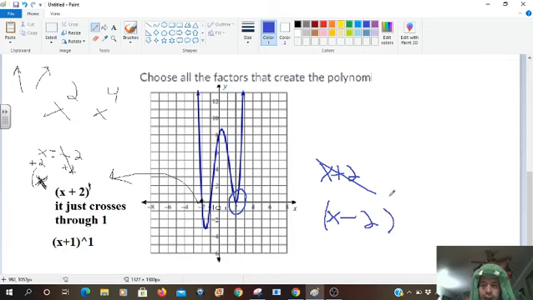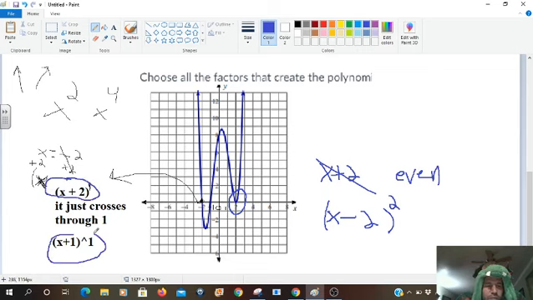Again, it's going to be bouncing, and even means bounce. Bouncy, bouncy, bouncy, fun, fun, fun. So bounces for even. That means we have our 3 answers: x plus 2 to the first power, x plus 1 to the first power, and x minus 2, because that's a shift to the right 2, squared.